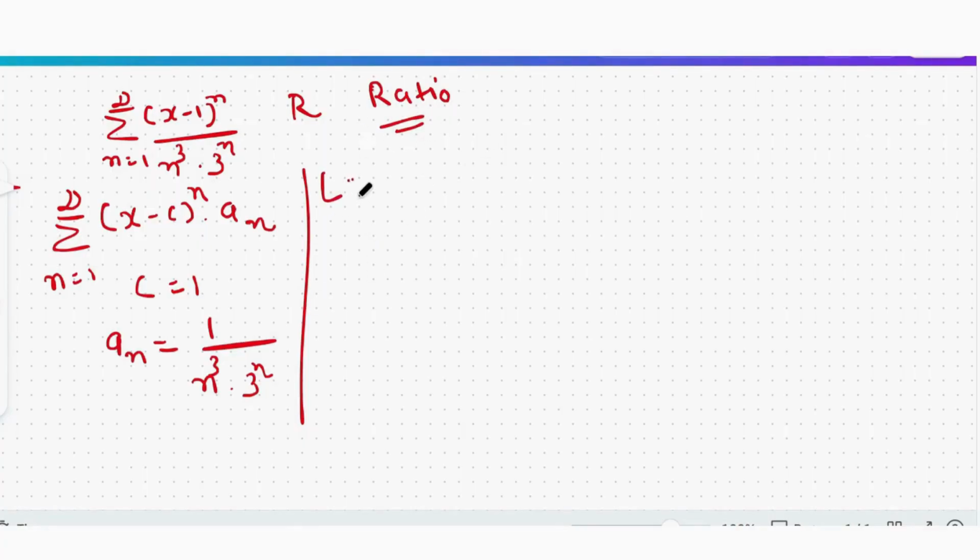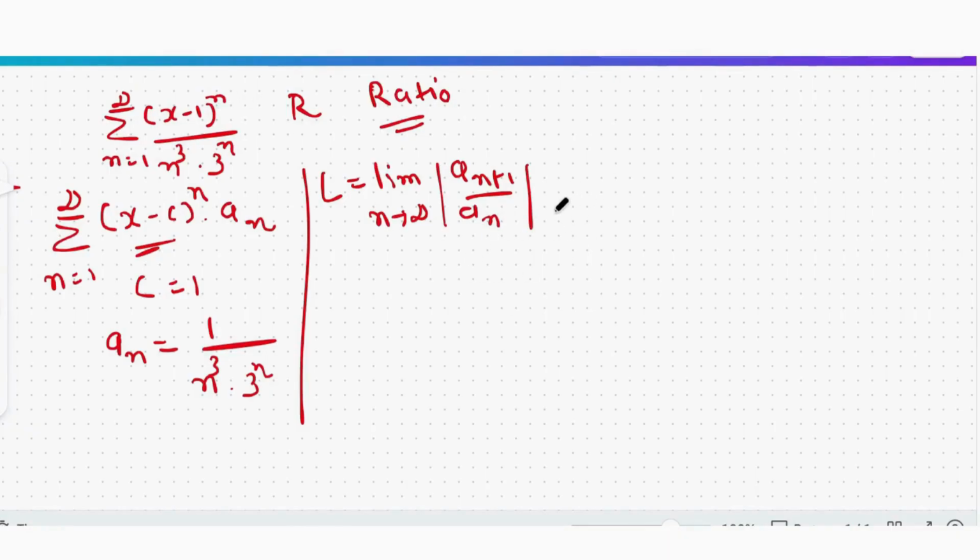So what is the ratio test? Here find L. L is equal to limit n tends to infinity absolute of a_(n+1) upon a_n. Now see here, this a_n is not the earlier a_n. That a_n is the coefficient of (x minus c), but in the ratio test this a_n is the entire nth term.